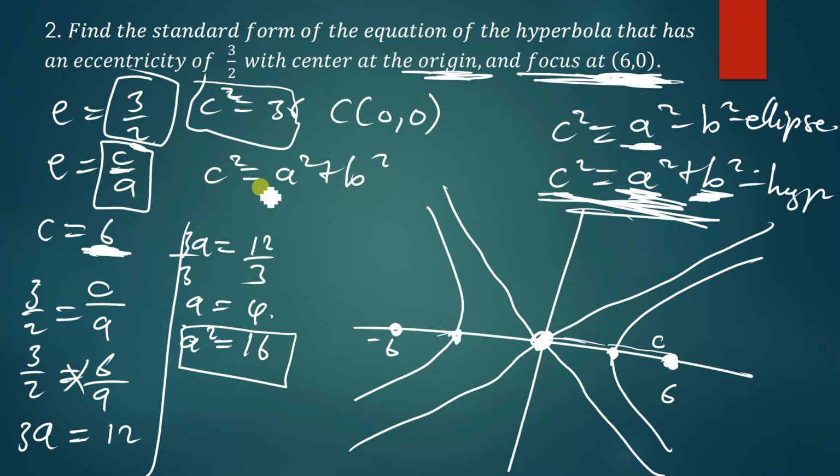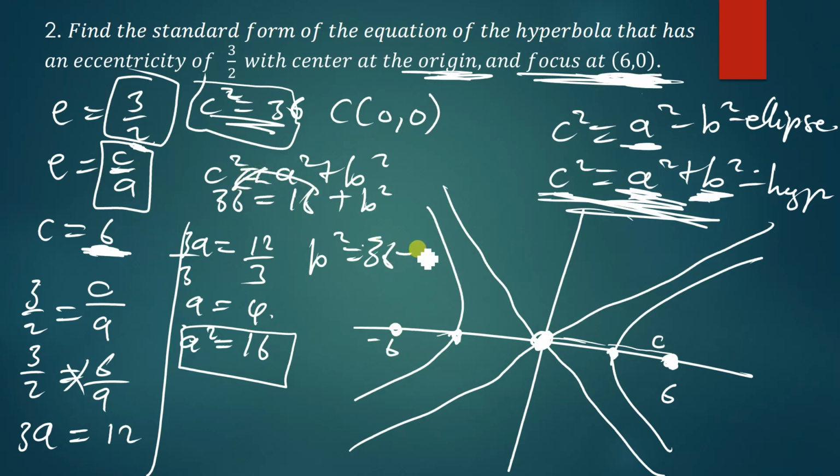When you replace c squared with 36 and a squared with 16, b squared is equal to 36 minus 16, which is 20. So our b squared becomes 20.